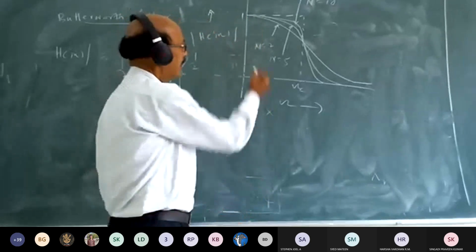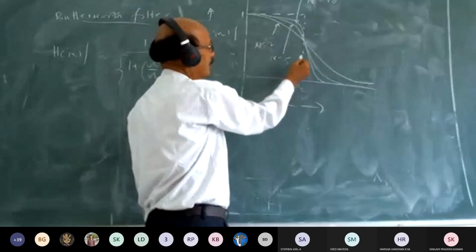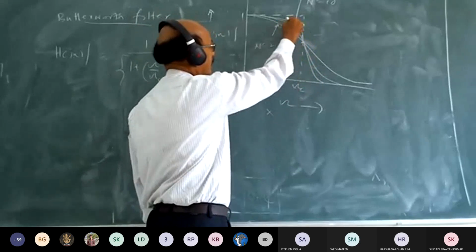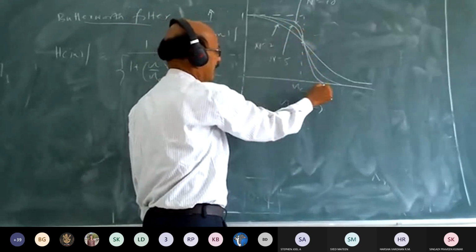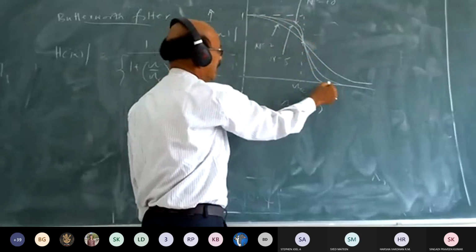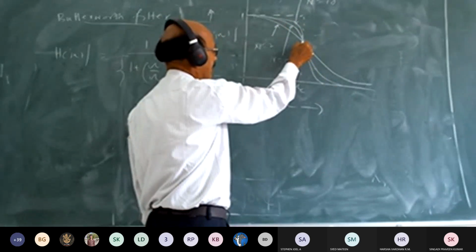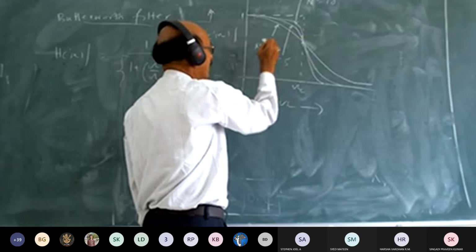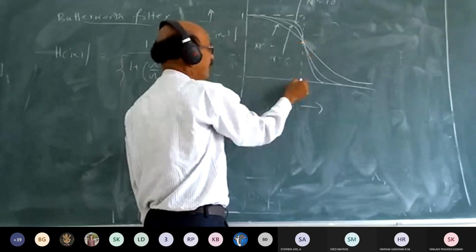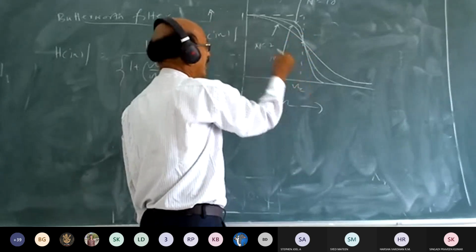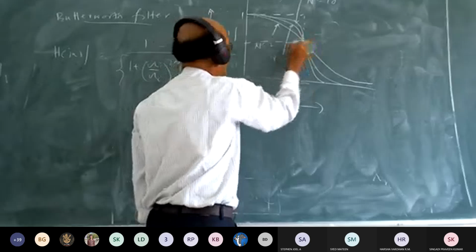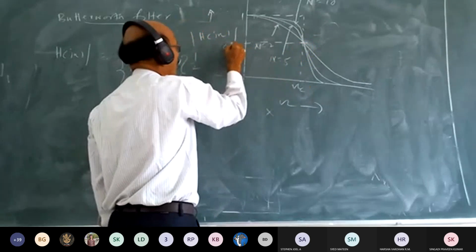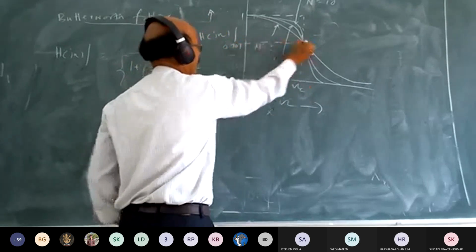But we find that all the magnitude curves are crossing here. It crosses here and proceeds like this; then it crosses here and proceeds like this. Everything is crossing at this frequency, and their magnitude here is 0.707.